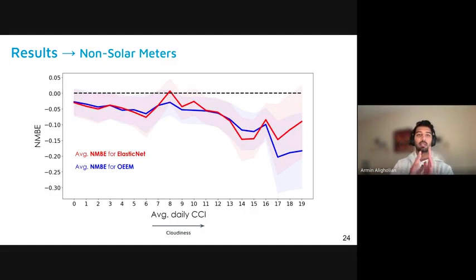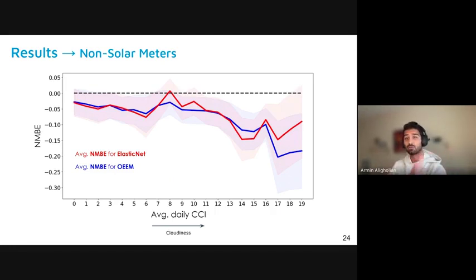This is the population result for non-solar meters. The X-axis is exactly the same. On the Y-axis, we have NMBE. This is not percent improvement. This is the actual value of normalized mean bias error. For the non-solar customers, we can see both of the models are under predicting.